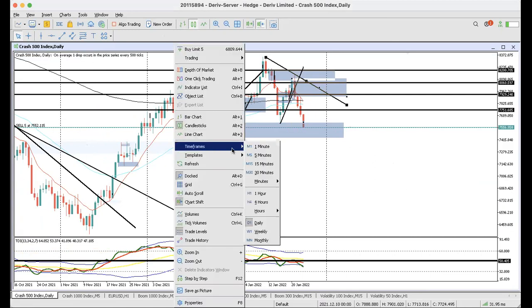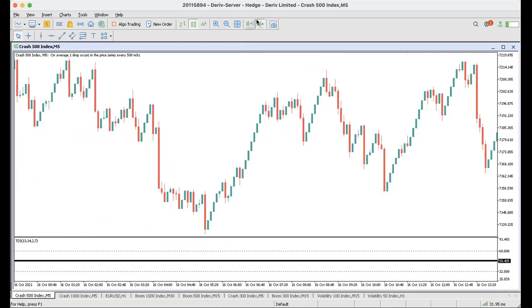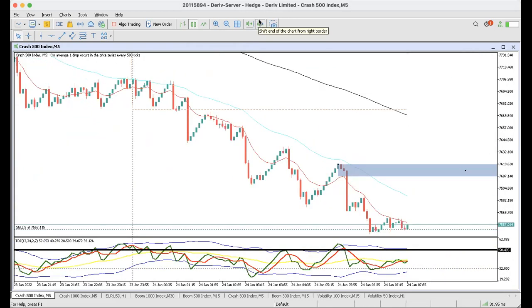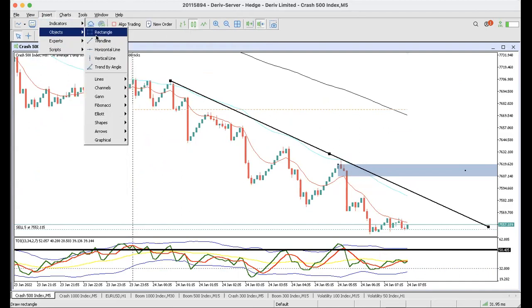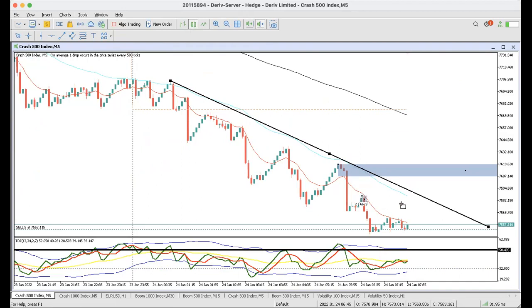Okay, let me just manage my trade here. I'm just putting a trend line there. I have my sell limits there. Then my stop loss goes just above.